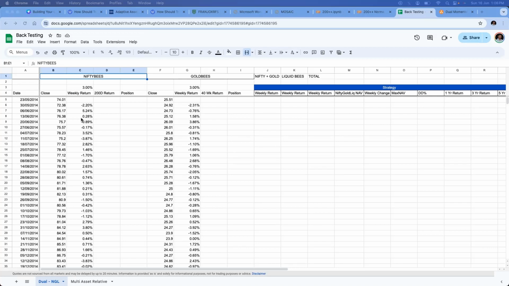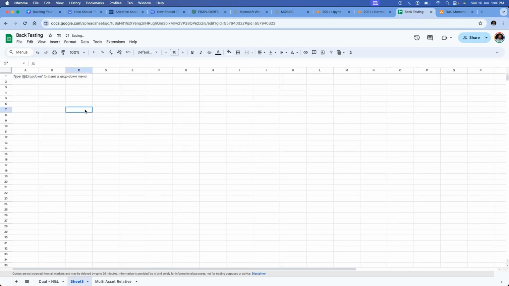So to get the raw data, I'll use the Google Finance function. Now, you can use the Google Finance function to get last 10 years data. What I'll do is I'll quickly show you a sample of the query so that you understand. First, you say equal to GOOGLEFINANCE, you enter the ticker, since it is Nifty Bees, so I'm going to call it Nifty Bees, comma, you give the attribute.